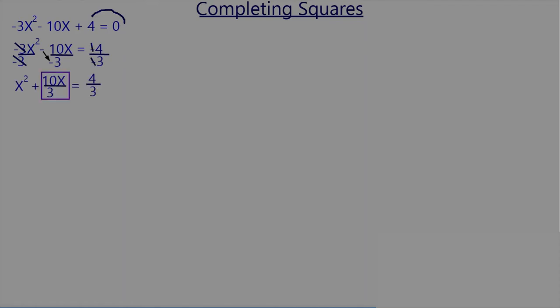The next step is to divide 10 over 3 by 2. We can place 2 over 1. When dividing fractions, the fraction on the right should always be interchanged, and the division sign should change from division to multiplication. 10 cannot be divided by 3 without giving decimals. If we divide 2 by 1, we will get back the same answer of 2.